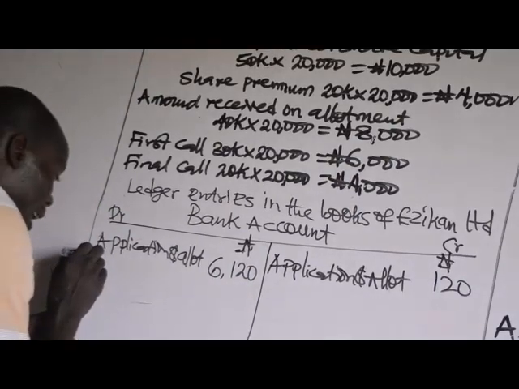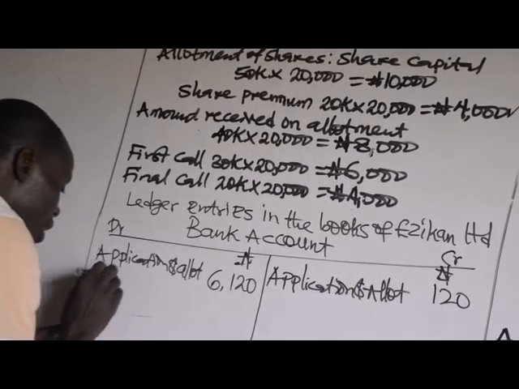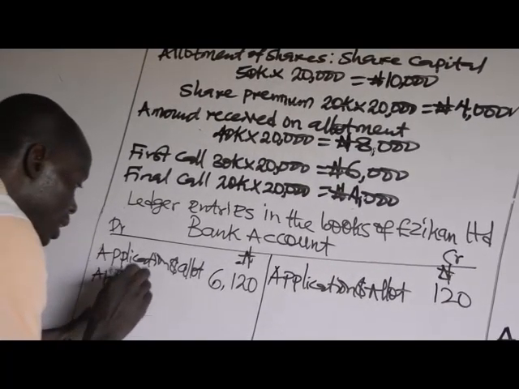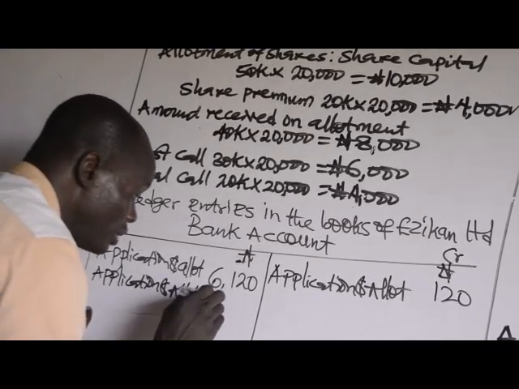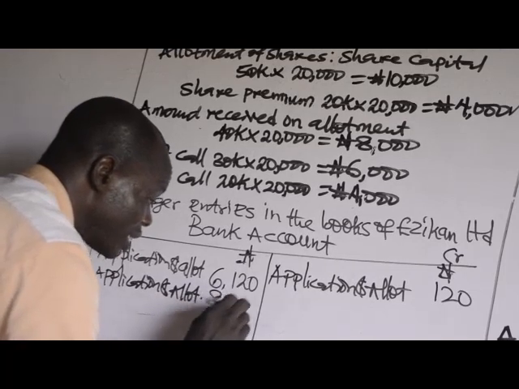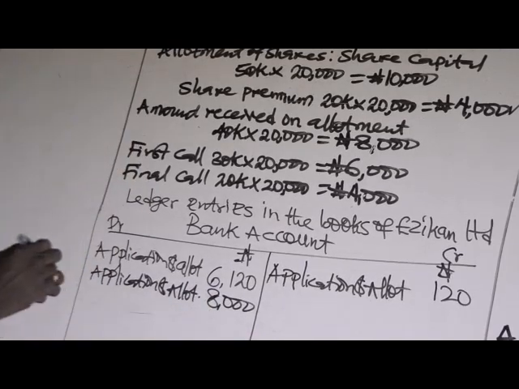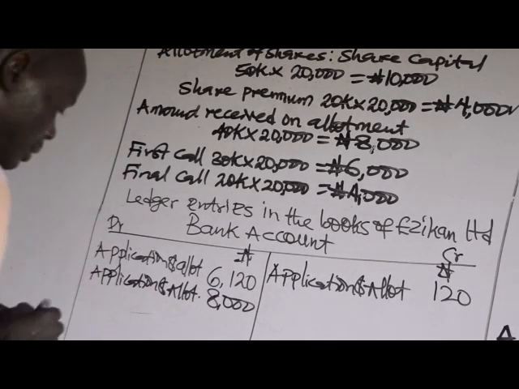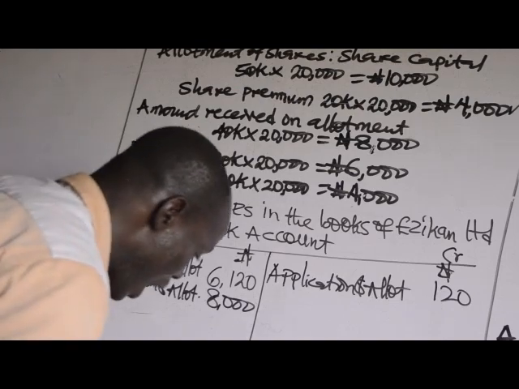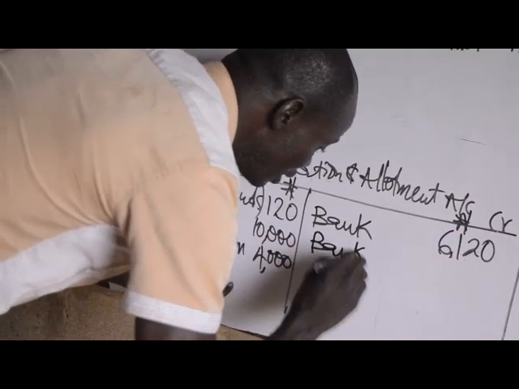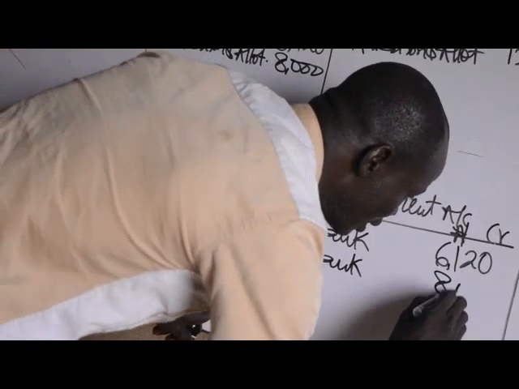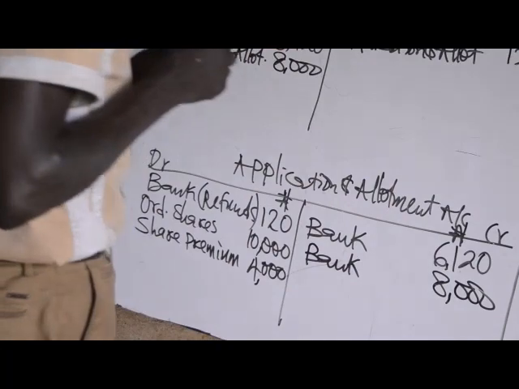So we debit the bank account with the amount received, and then you credit the application and allotment account with the receipt of 8,000 naira.